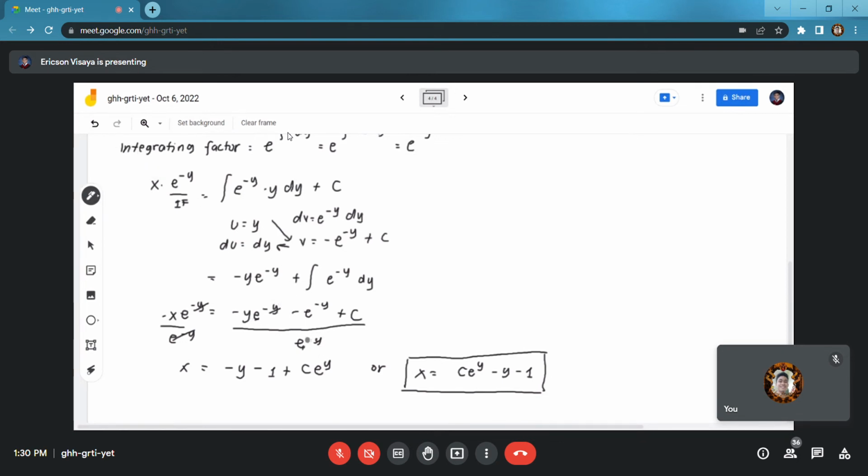So e raised to negative y cancels, and we get negative y. Then negative e raised to negative y divided by e raised to negative y is negative 1 plus c over e raised to negative y. We just raised our e raised to negative y, which is equal to e raised to y.